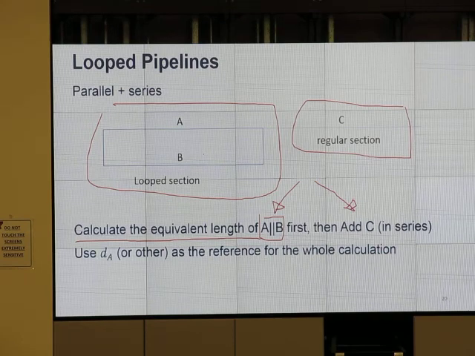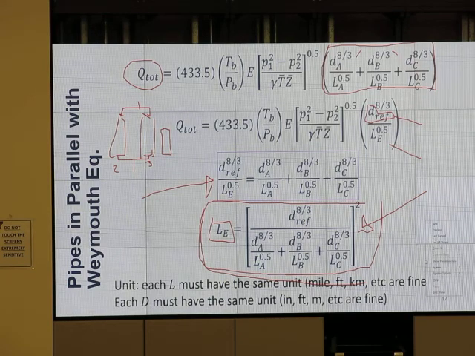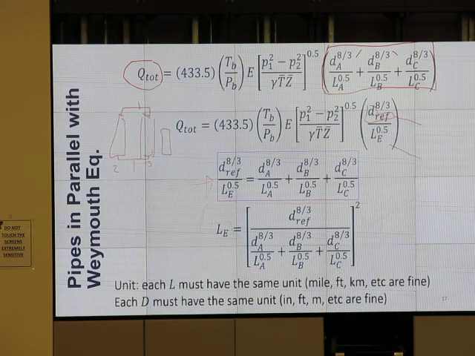What I would do is convert pipe B to be 1 inch with an equivalent length longer than 100 feet. Oh, no, I have to use the parallel equation. I use this equation and calculate the equivalent length by adding two pipes together in series.